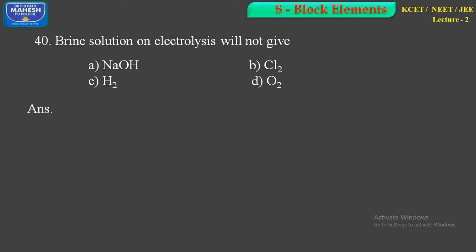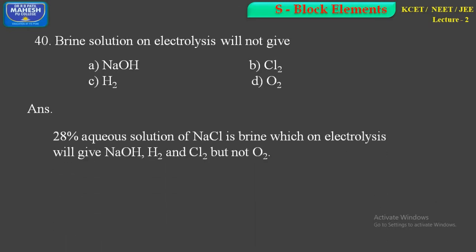Students, 28% aqueous solution of sodium chloride is called brine solution, and on electrolysis it will result in formation of sodium hydroxide, hydrogen, and chlorine, but we won't get oxygen. So the right answer is option D, oxygen.